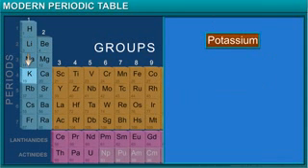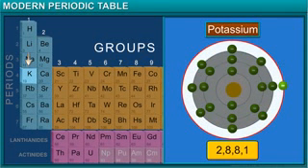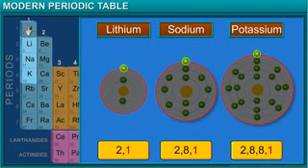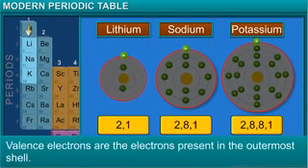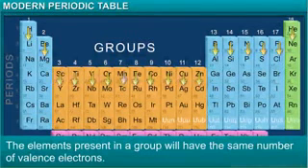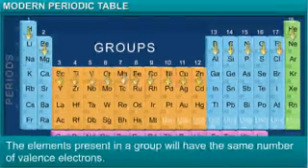And potassium is 2, 8, 8, 1. All these elements contain the same number of valence electrons. Valence electrons are the electrons present in the outermost shell. Hence, we can conclude that the elements present in a group will have the same number of valence electrons.